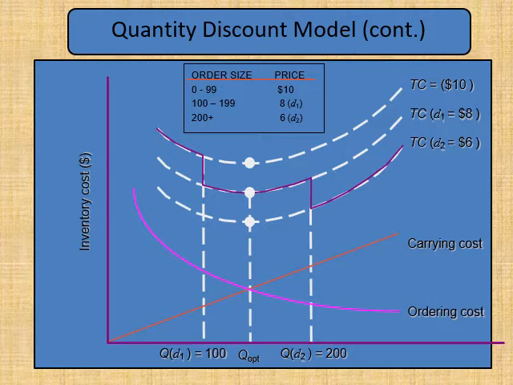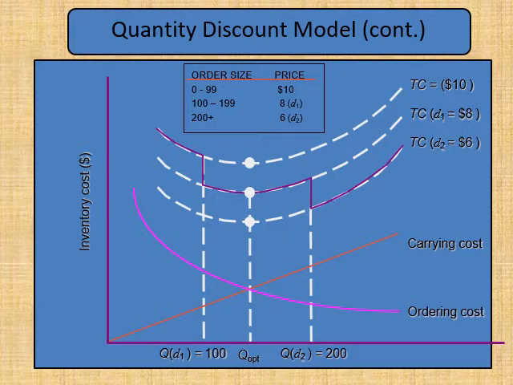At the point where Q is 100, this will be the total cost. When the quantity increases, like at D2 demand where we need 200 items, the cost per item will decrease to $6. In between we can calculate the optimum quantity.